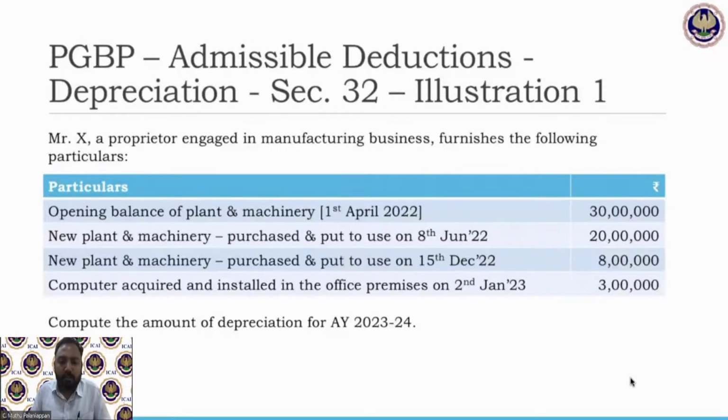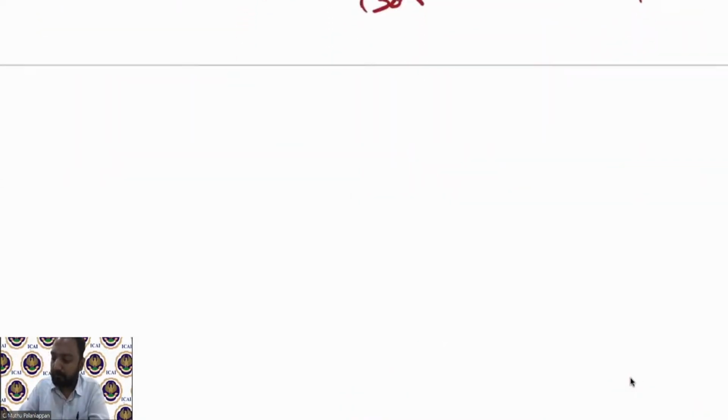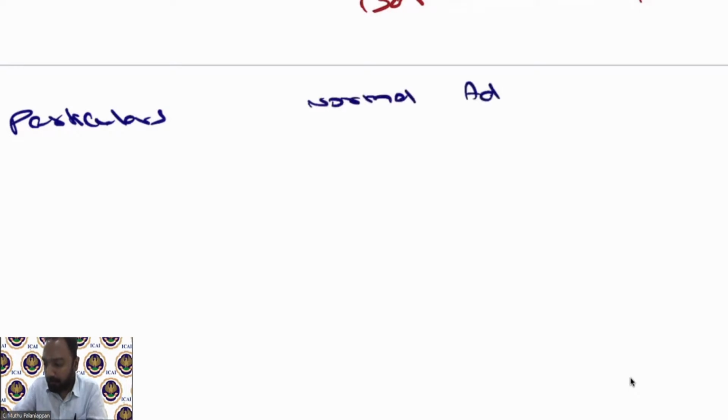Okay. So we'll go into this problem. Basically there is an opening balance of 30 lakhs. So we'll call it normal, additional, total. Okay, we'll call it this way.